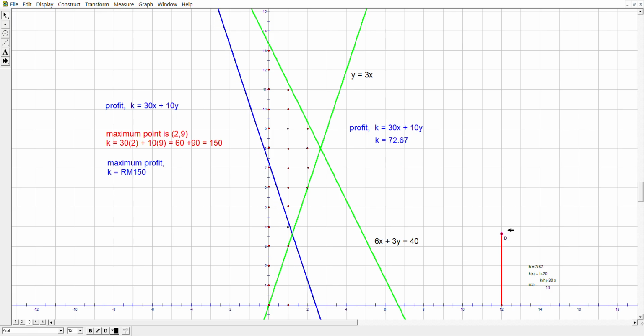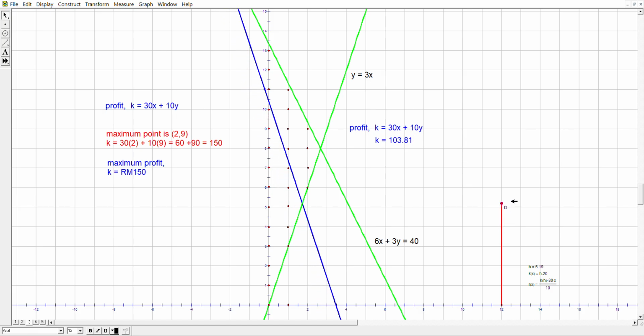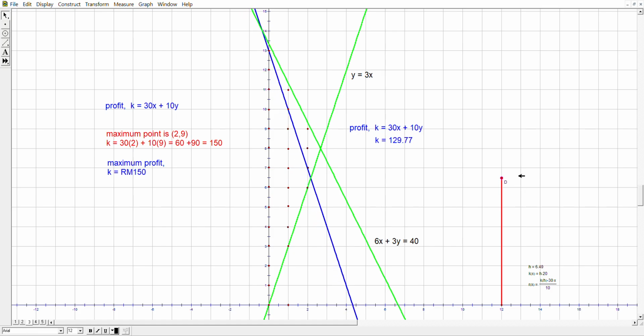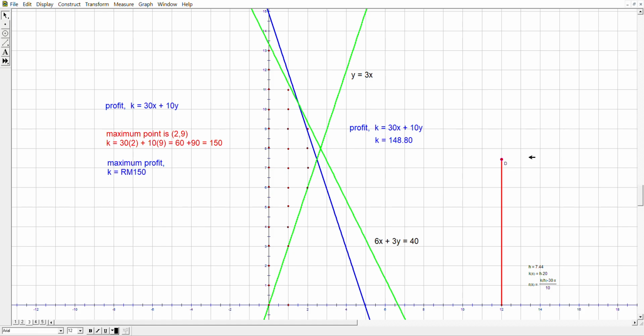I'm actually showing the value of the profit as I move the blue line higher and higher, and the last point will give the maximum value. So this is the last point. The last point is 2, 9.